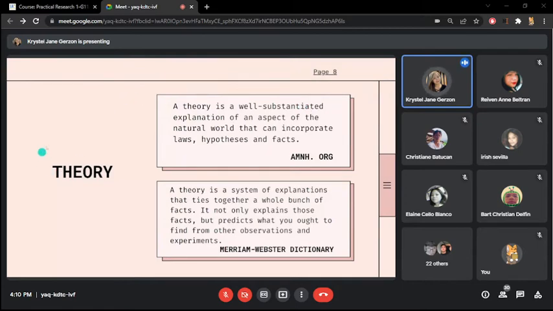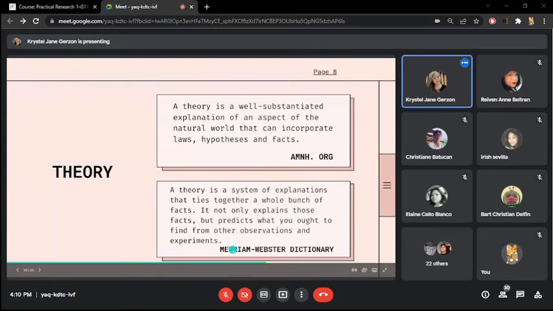But before we talk about theoretical background, let's get to know about a theory. What is a theory? A theory is a substantiated explanation of an aspect of the natural world that can incorporate laws, hypotheses, and facts, according to amnh.org.